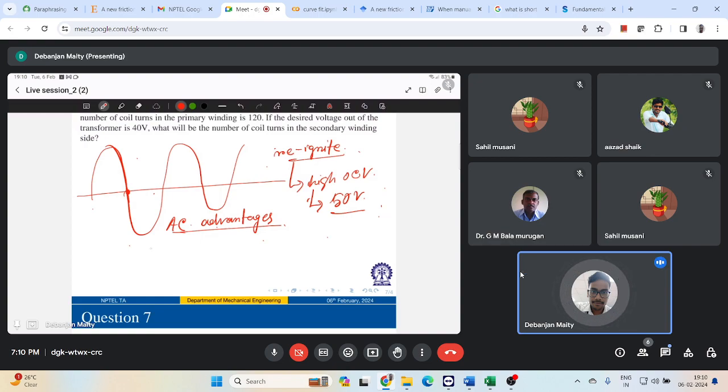So you can have reduced risk of arc blow. Because of using alternating current, you can somehow control the arc blow effect.